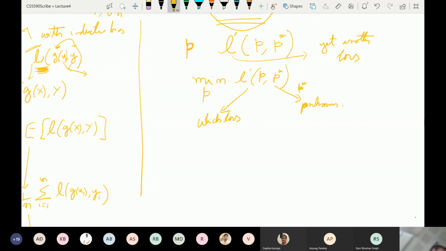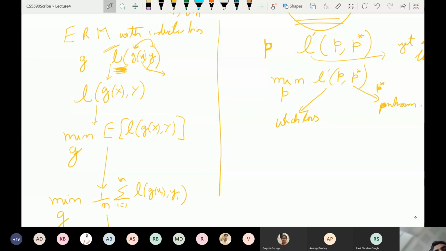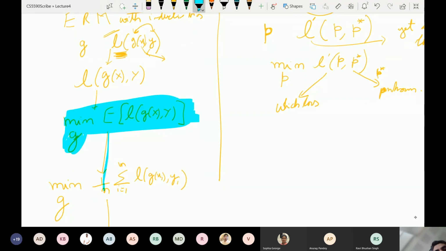So how did we get around this problem in case of ERM? In case of ERM, we had this expectation sitting in our optimization problem very naturally, right? And then it was very natural to think about approximating the expectation by the average, which we knew by the law of large numbers will be close for any particular g, right?